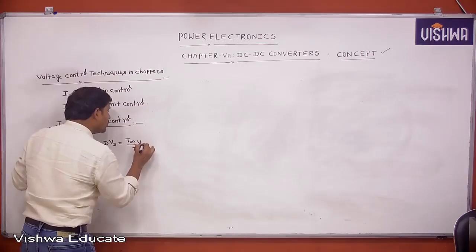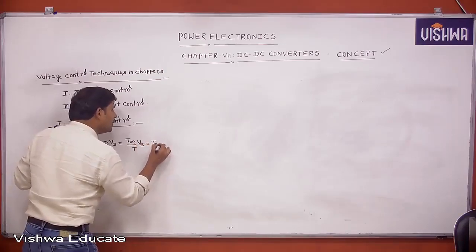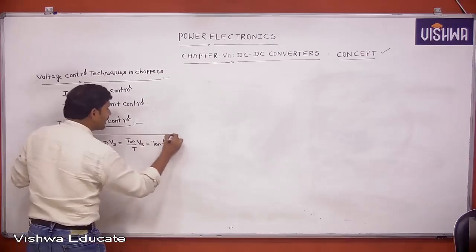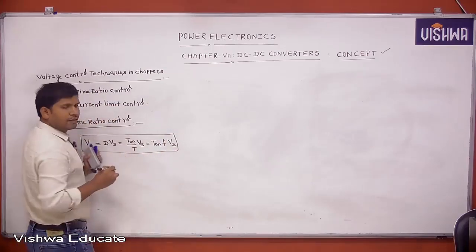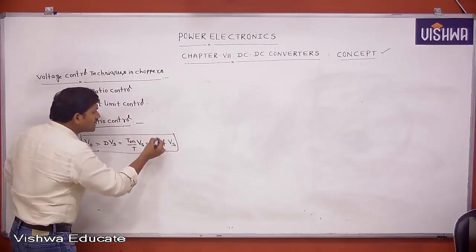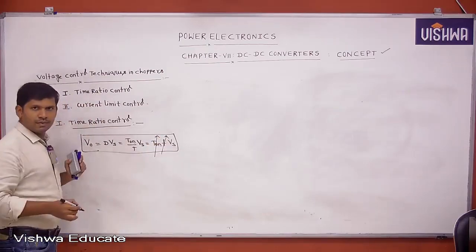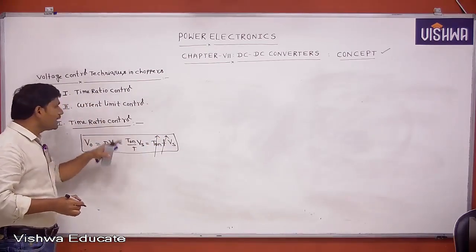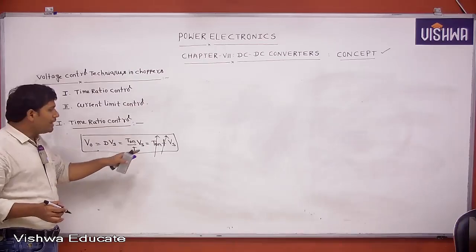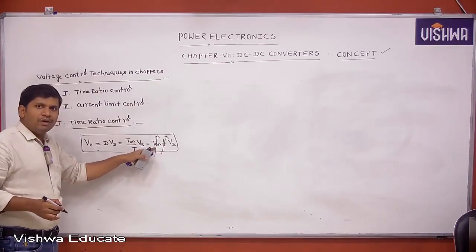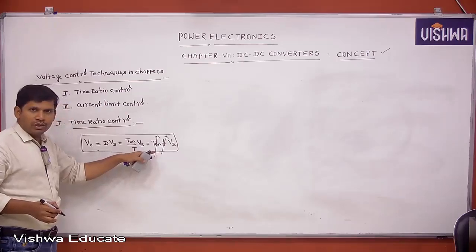That is T on into f into Vs. This is the average output voltage. That means the average output voltage is controlled by controlling the on time or the frequency. This type of control is nothing but the time ratio control technique.